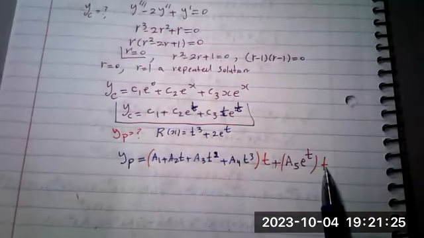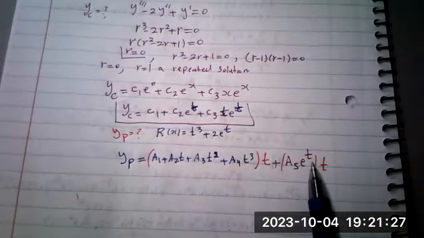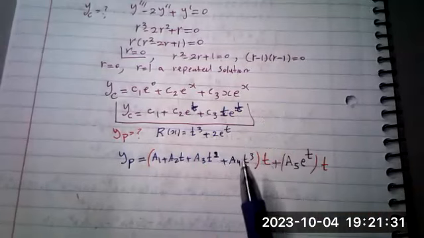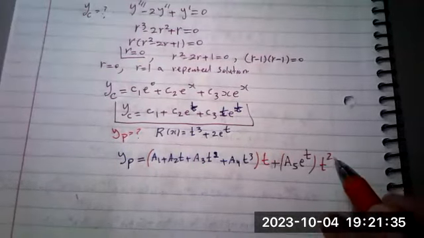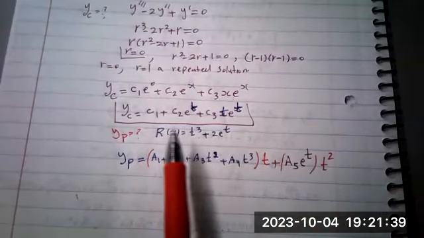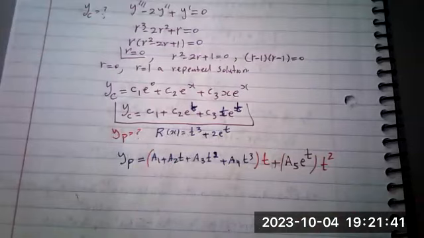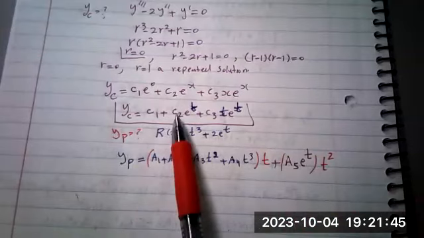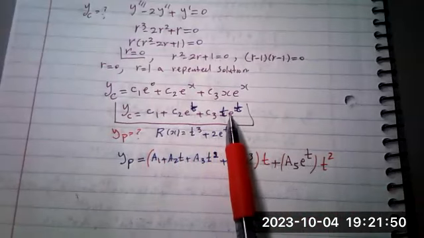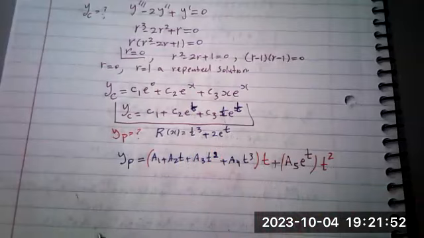Then you check it again. You get t e to the t, and you have t e to the t here. So you have to raise it again, which means it's going to be t squared. Make sure that you don't have any duplicated term over here. We start with the constant e to the t, which is here, so we multiply by t, then we get t e to the t. We have it here, so we make it t squared.